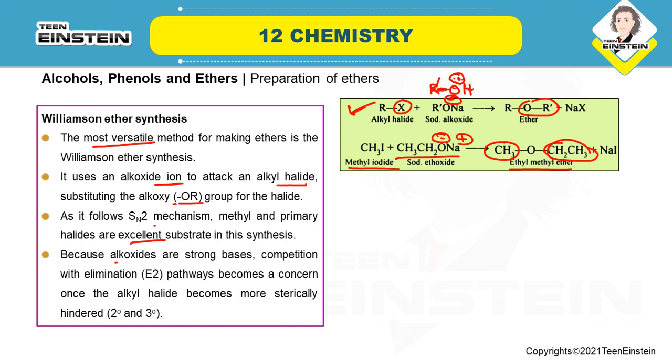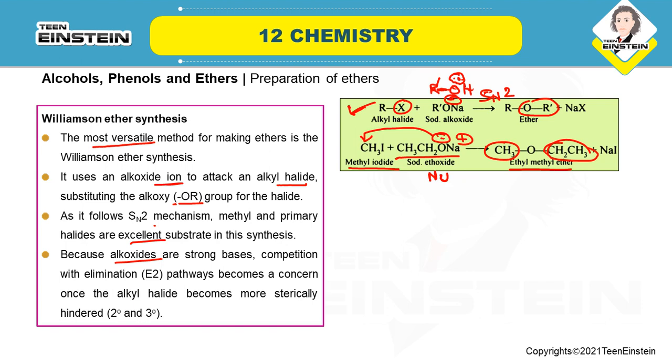Now we know that this alkoxide, that is R prime O minus, is actually a very strong base. When it is acting as a nucleophile, you get ether as product, because SN2 substitution is the mechanism. In substitution, R prime O minus is basically attacking the carbon, so it is behaving as a nucleophile.